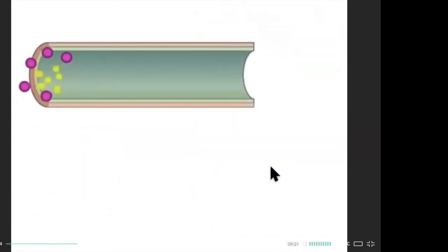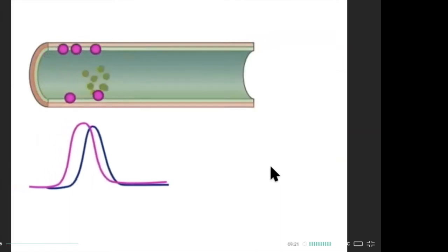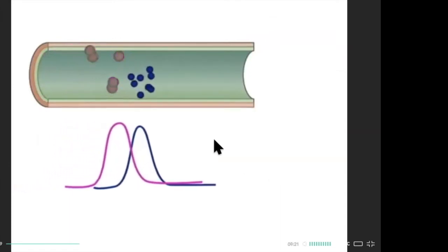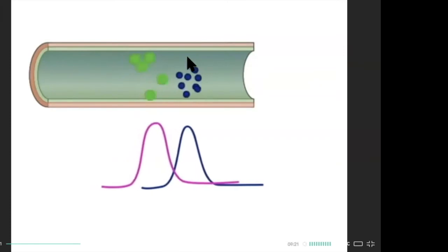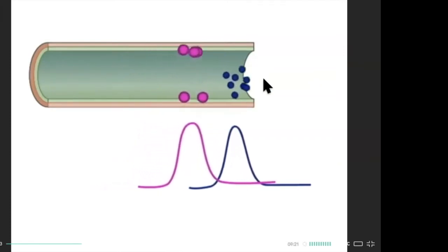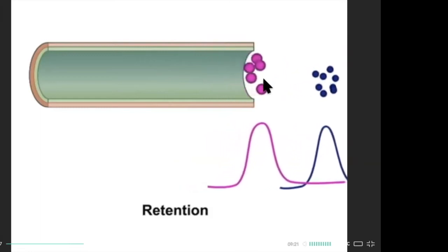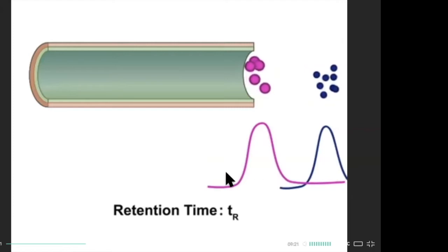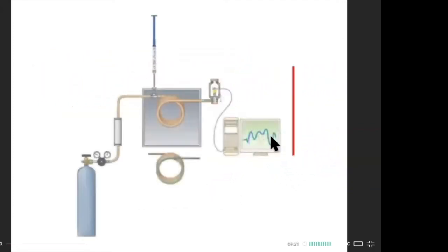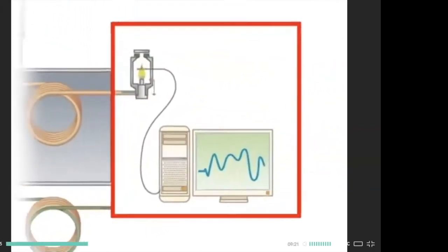Analytes with low chemical affinity for the stationary phase move quickly through the column, while molecules with high affinity move slowly. So the molecules with low affinity to the column are the ones that come out first. So the migration or the separation of samples also differs depending on your sample. And it gives a chromatogram and records gases as they elute.